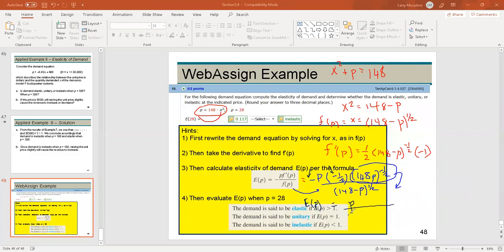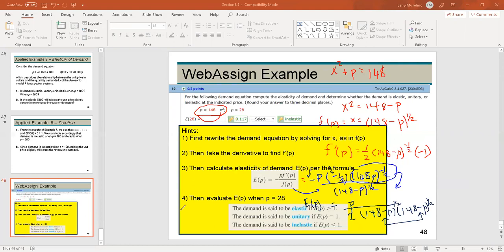The 2 is coming from that 1/2. And now I have (148 minus p) to the 1/2 times (148 minus p) to the 1/2. This is kind of like the square root of 148 minus p times itself. Or you can think about it when you multiply the same bases, you add the exponents. 1/2 plus 1/2 is going to equal 1.